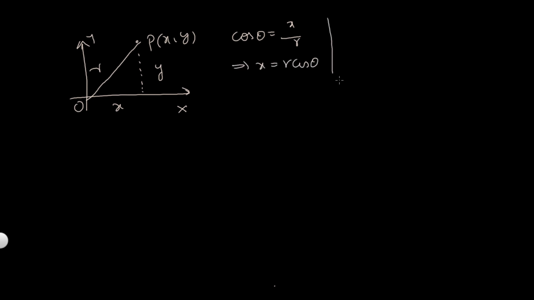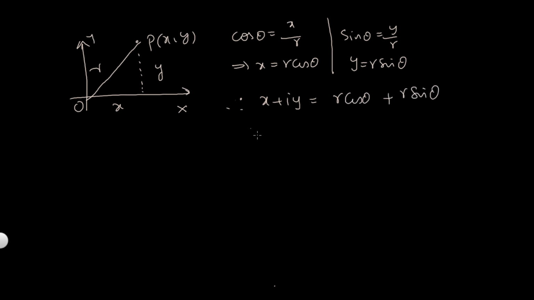Similarly, sin theta is y by r, so y equals r sin theta. Therefore, the given complex number x plus iy equals r cos theta plus i r sin theta.